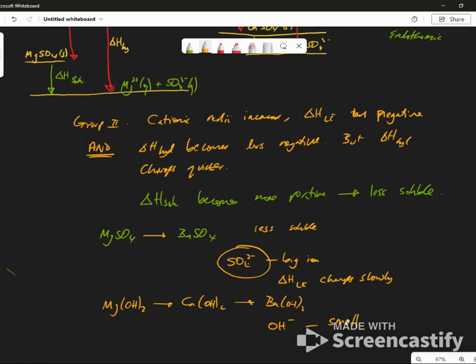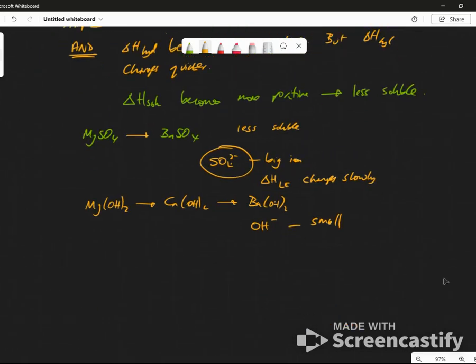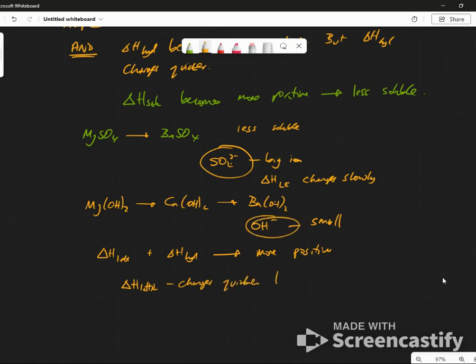So for the hydroxides, because the anion is small, delta H lattice and delta H hydration both become more positive as before. But in this case, the lattice energy changes quicker than the hydration energy because it's a small ion.